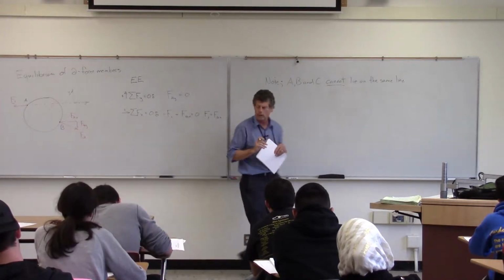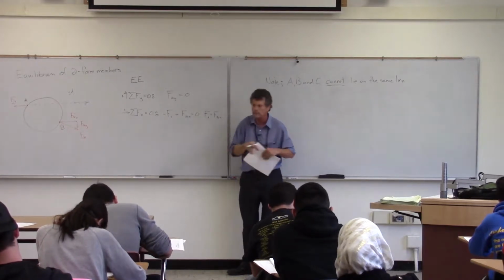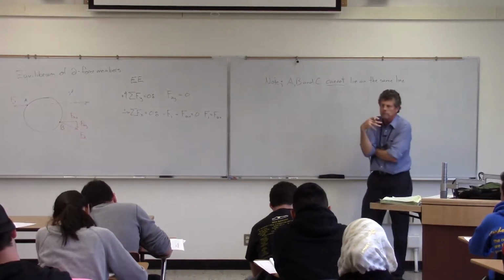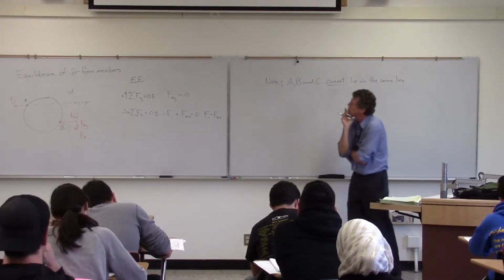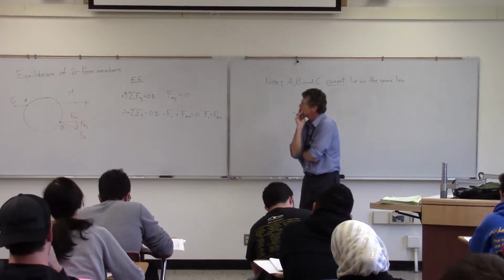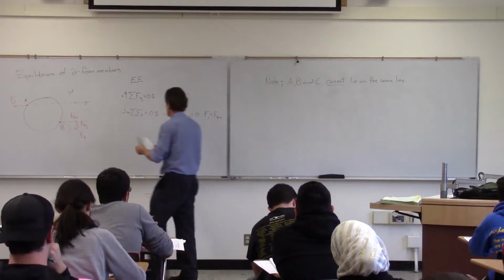Setting up the equilibrium equation like so, F1 is in the minus direction and F2 is in the positive direction. Go through the calculations, and the x component is equal to that. So they are equal in magnitude, and now they're in the same direction.